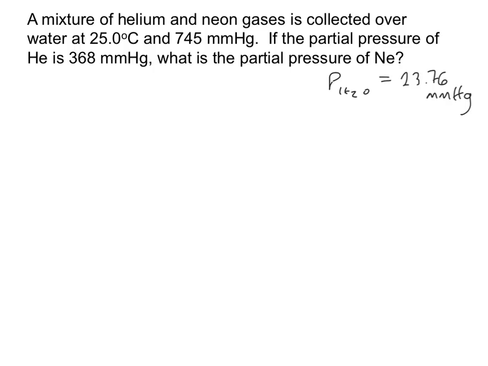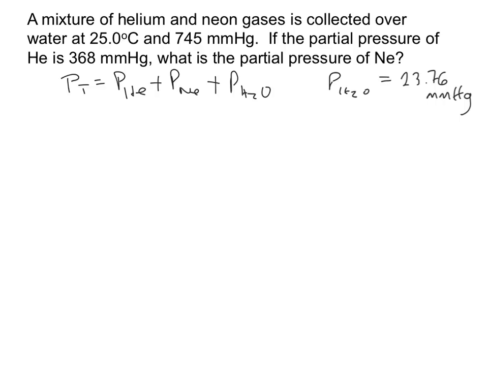In this process, rather, we were told that we are collecting over water at 25 degrees C. So we know that our equation is going to be as follows: P total equals P of helium plus P of neon plus P of H2O, right? Because we're collecting over water.